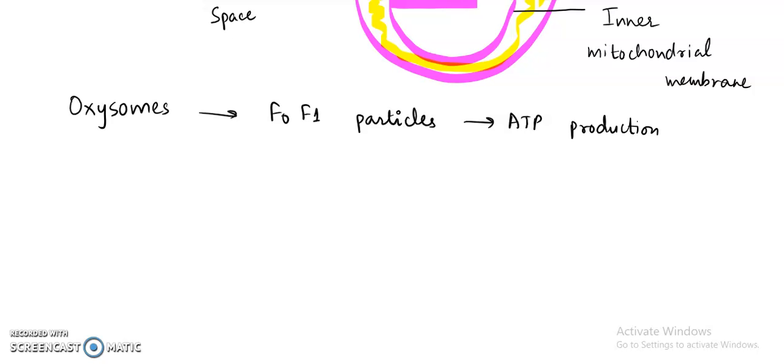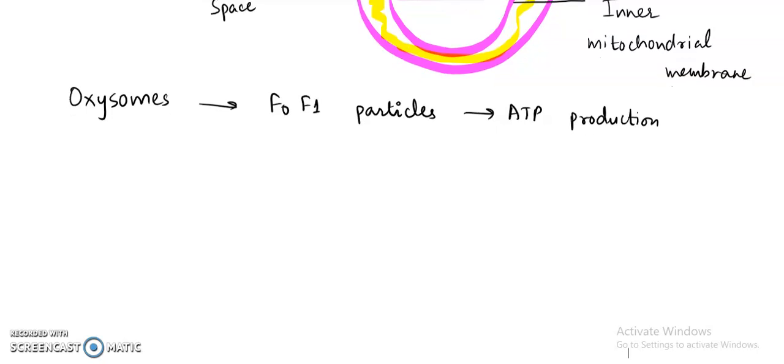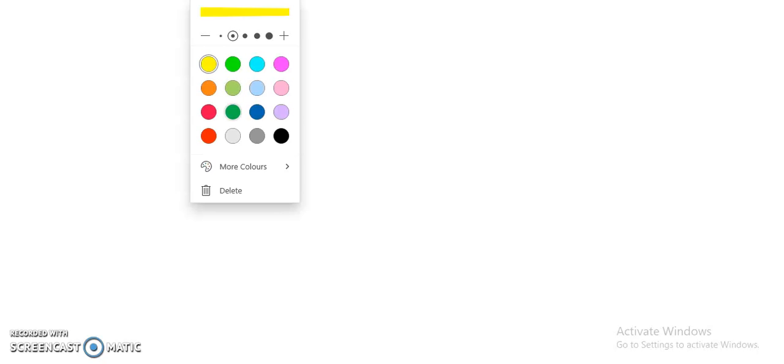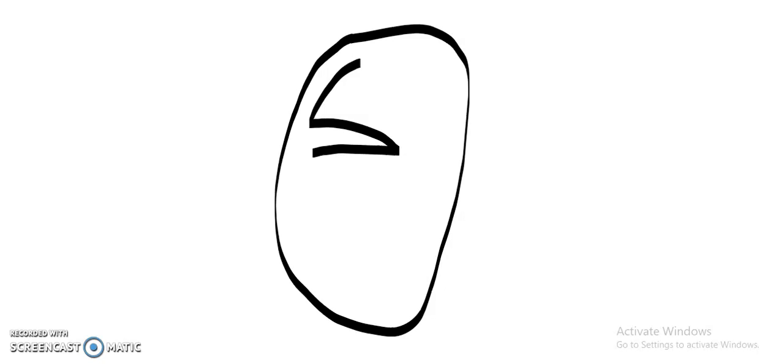Okay, here we will be drawing the diagram of mitochondria again for better understanding, and one more time so that you can learn also. So first we will be drawing outer mitochondrial membrane, then we will draw the inner mitochondrial membrane, but remember it will show the presence of cristae, and you can see that I have drawn.